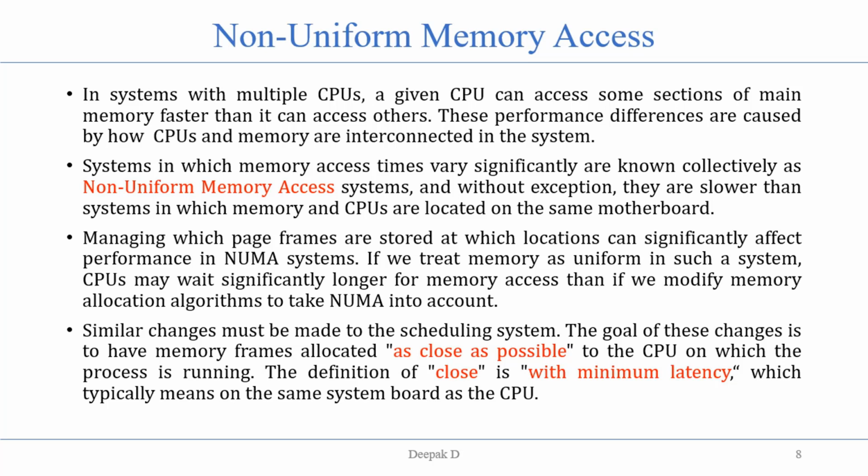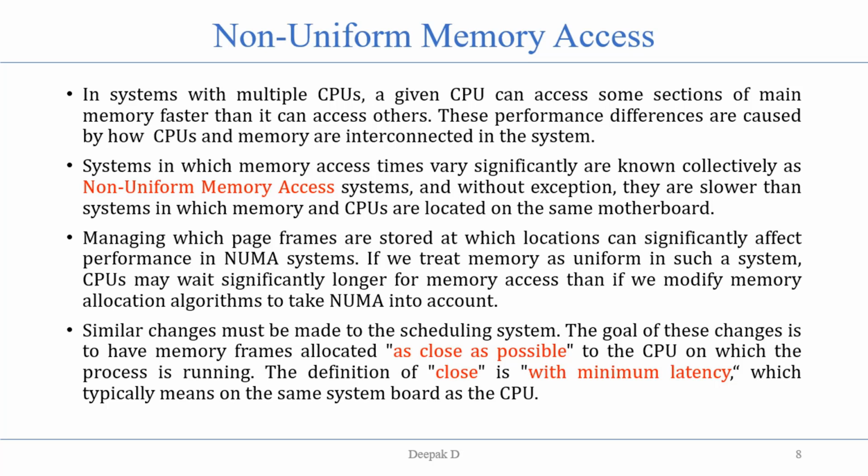The performance difference is caused by how the CPUs and the memory are interconnected in the system. Some systems are made up of several boards, where each board contains multiple CPUs and some of the memory.